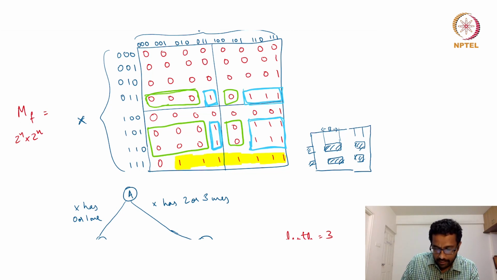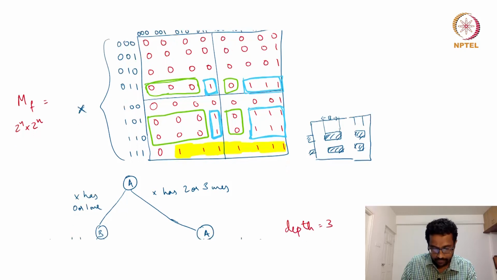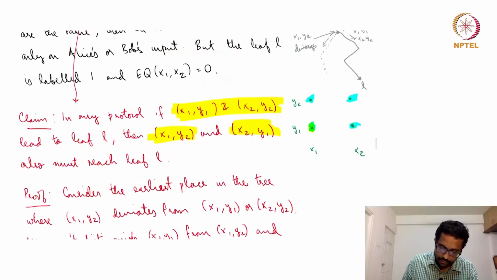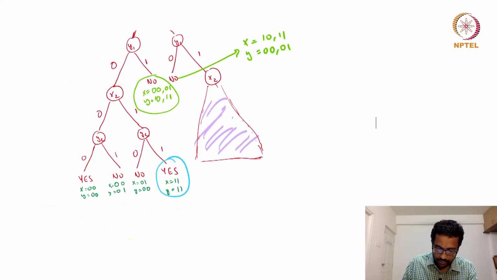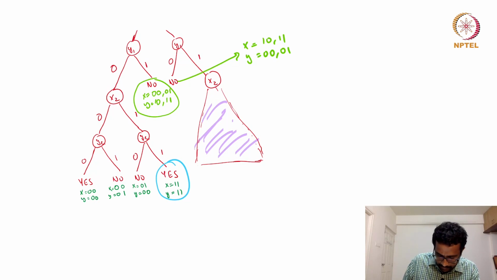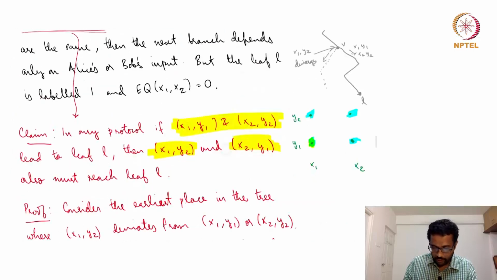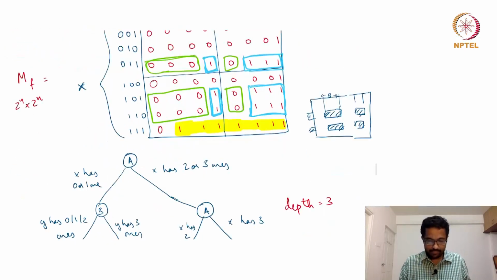So the green outlined entries all correspond to the 0 output, and blue outlined all correspond to the 1 output. And you can even go back and verify the earlier tree that we drew for equality. You can see that the entries corresponding to each leaf form a combinatorial rectangle. So let us try to understand why this happens.